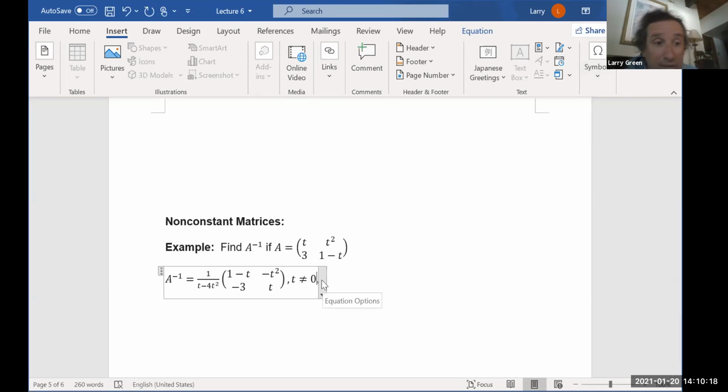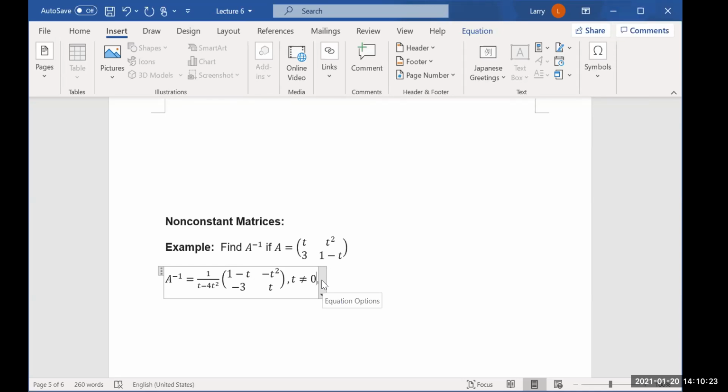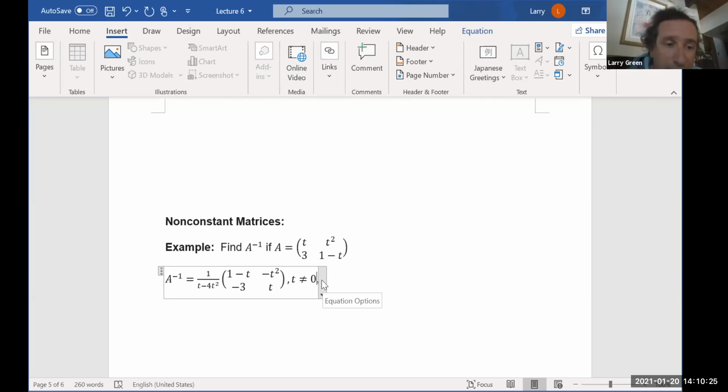And what else can't it be? t can't be 1/4, because you factor out a t, then you get 1 minus 4t. So it's not 0 and it's not 1/4.